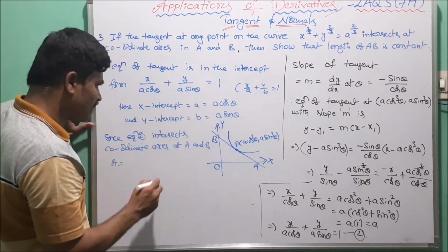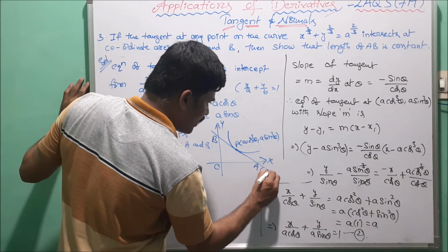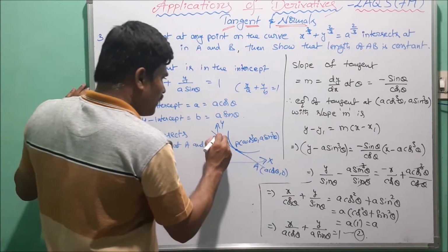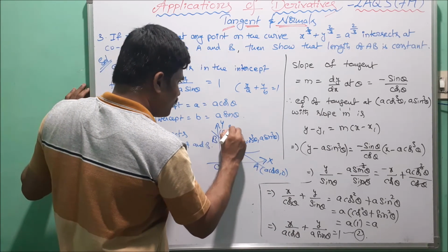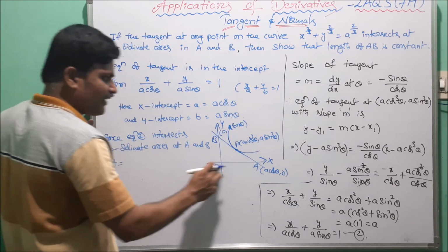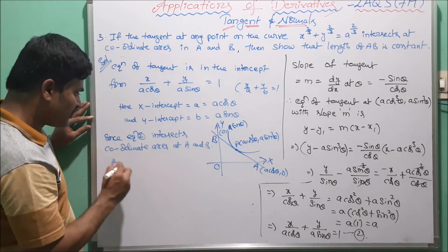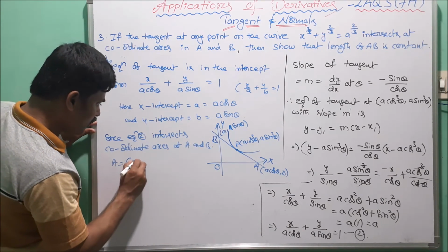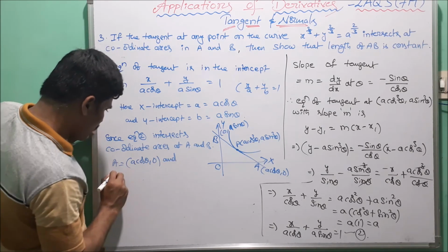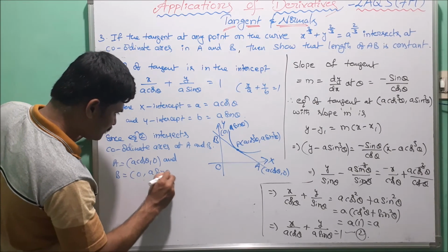The x-intercept is a cos theta. Now on the x-axis the point is a cos theta comma 0. For B, the point is 0 comma a sin theta. So on the x-axis the y coordinate is 0, on the y-axis the x coordinate is 0. Now the points are A equal to a cos theta comma 0 and B equal to 0 comma a sin theta.